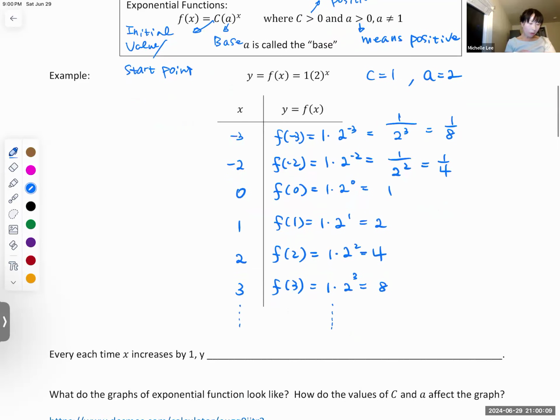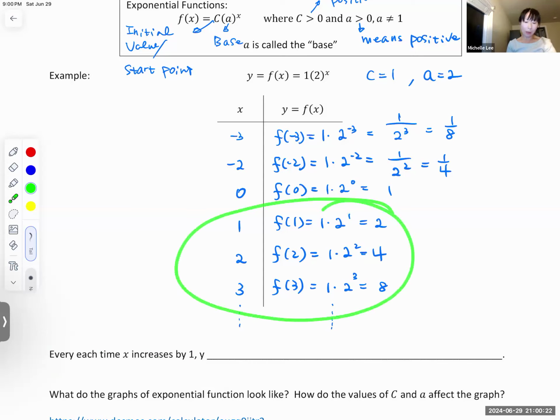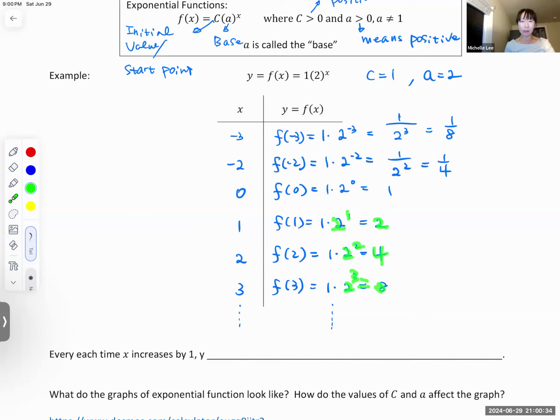Now they ask us about each time x increases by 1. Let's talk about the positive side first, since we can see it more easily. 2 to the first power is 2, 2 to the second power is 4, 2 to the third power is 8.